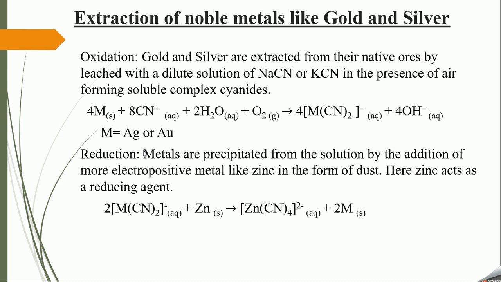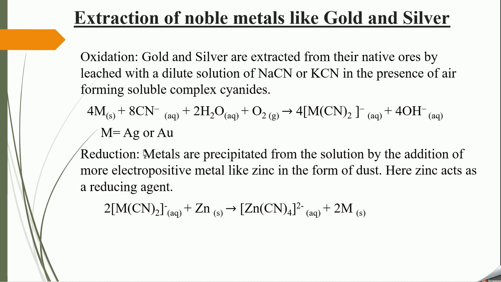Copper matte is a composition of cuprous sulfide and iron sulfide. And you studied what is blister copper, which is 98% pure copper. Blister copper is obtained due to the evolution of sulfur dioxide gas from the surface of copper.